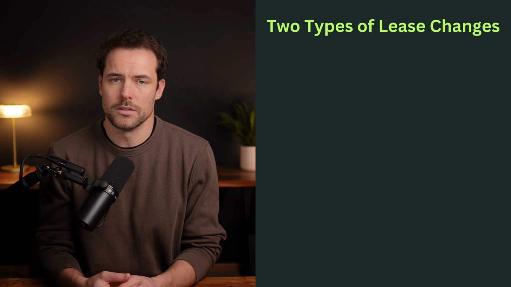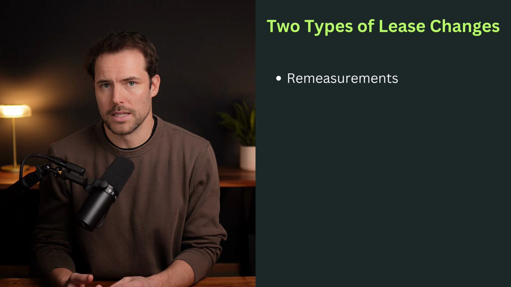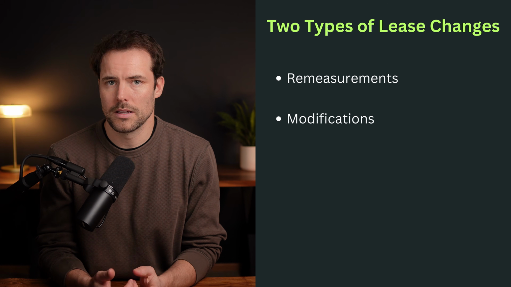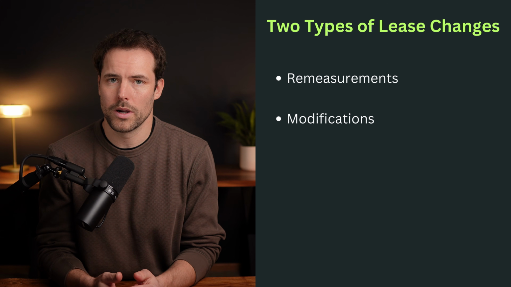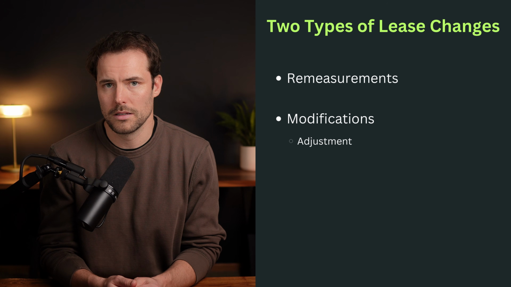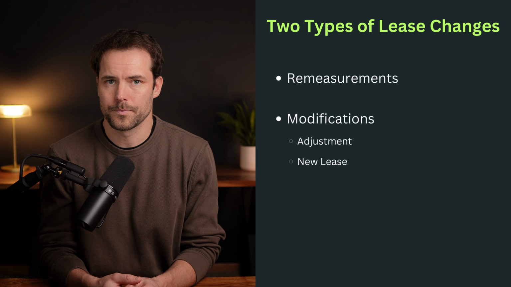The good news is that ASC 842 provides guidance on how to handle these situations. Broadly speaking, changes fall into two categories. Some require us to remeasure the existing lease, while others are lease modifications that ASC 842 may require us to account for either as an adjustment to the existing lease, or in some cases as a new lease entirely.